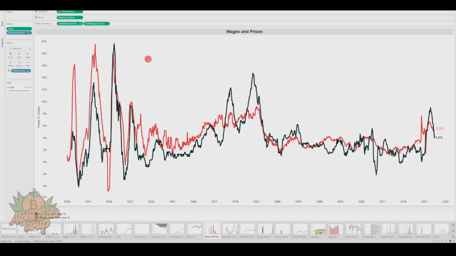So I wanted to show this view to give you the long-term perspective that when people talk about wage growth being too high or not being consistent with the Fed's inflation mandate, this is what they're talking about. So right now we've got CPI at 4%, but we have wage growth year over year still hanging around 5%, almost any which way that you slice it.